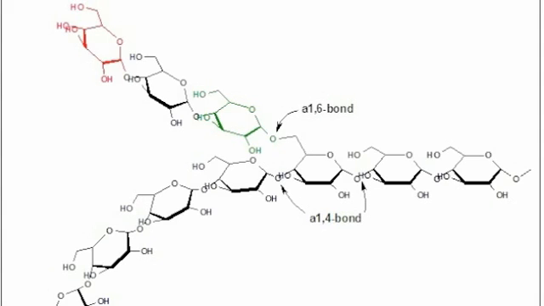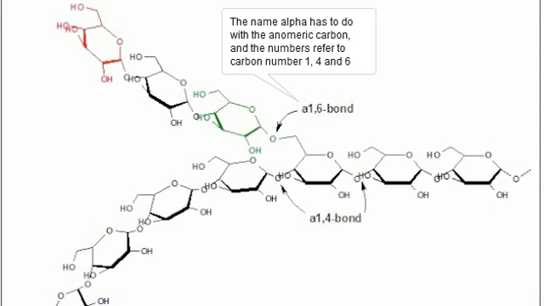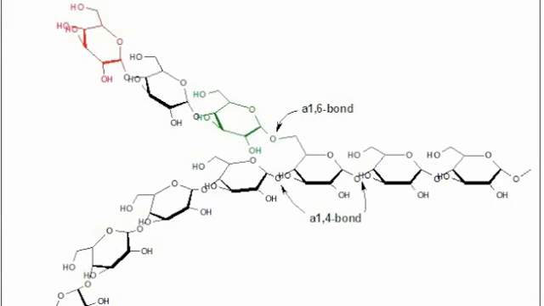Now, as you can see in the picture over here, there's an alpha 1,6 bond, which is the origin of the branching points, and then all the other bonds are alpha 1,4, which the name has got to do with the conformation of the carbon and the hydroxyl group and the hydrogen bonded to that specific carbon.